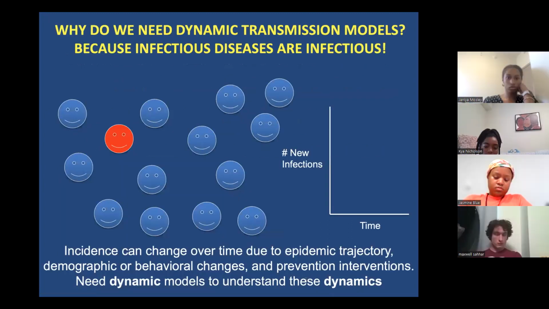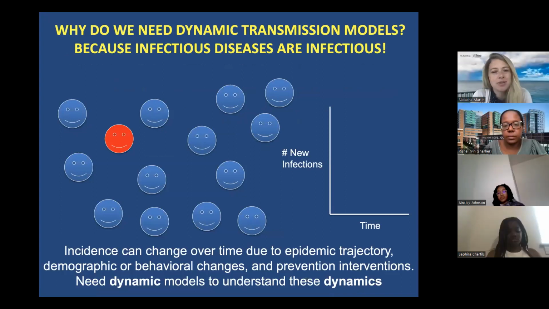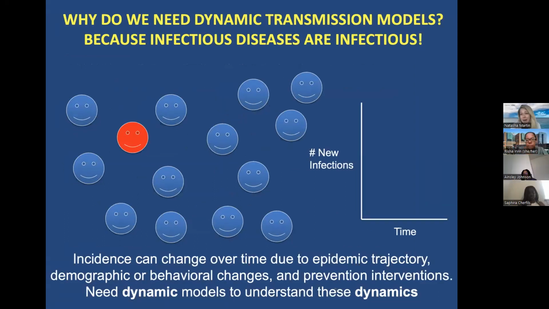Okay, so why do we need these dynamic transmission models? Why can't we just use statistical associations, or why can't we just look at the observed epidemic in terms of new cases or prevalence and be able to assess what is going to happen in the future? Well, I think people are kind of familiar with this because of COVID, but the answer is because infectious diseases are infectious, right?